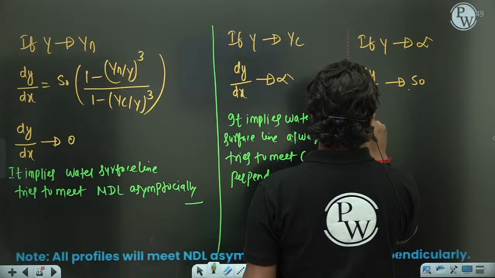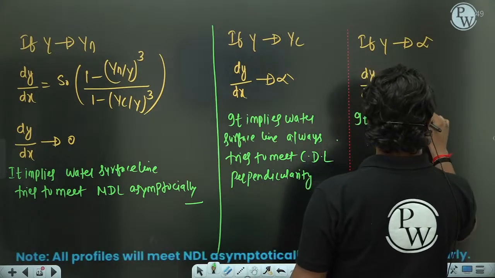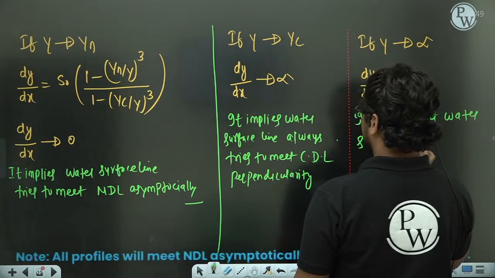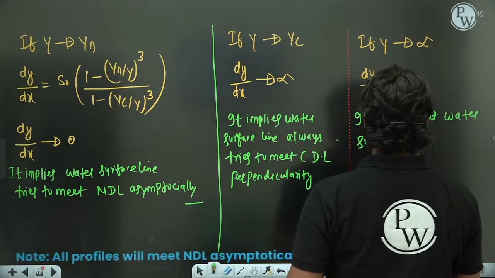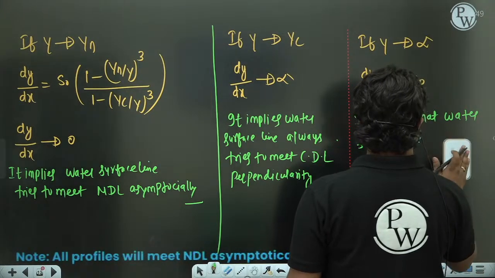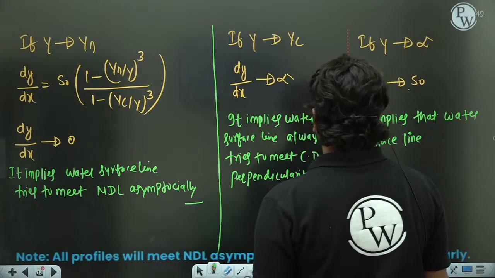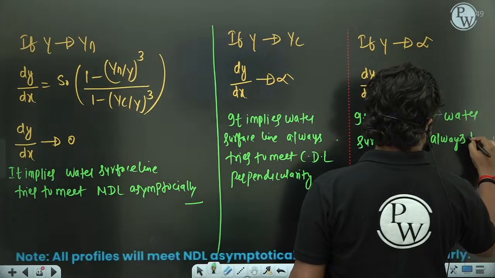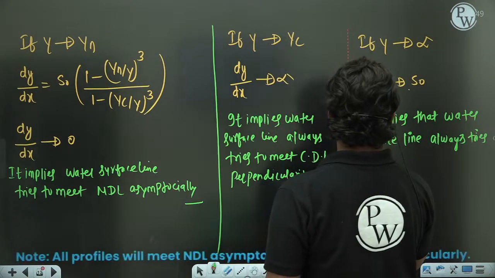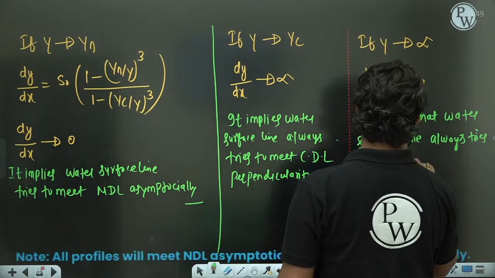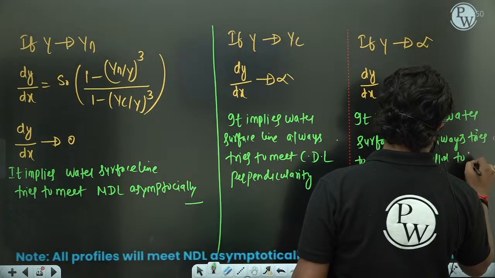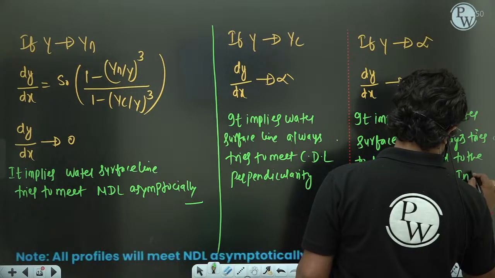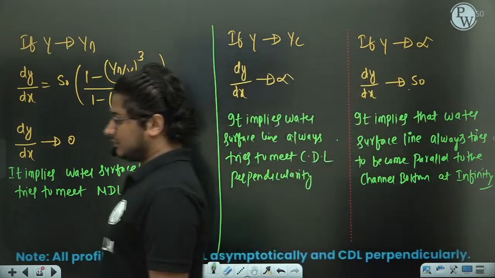It implies that the water surface line always tries to become parallel to the channel bottom at infinity.